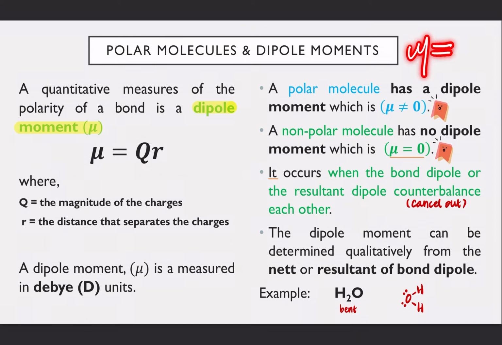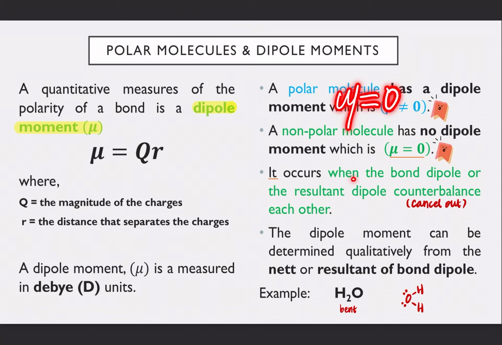That means that your mu is not equal to 0. So you don't have to tell the exact dipole moment when you are explaining, unless you have this tool, but in most cases you don't need to. So if you have a non-polar molecule, that means you have no dipole moment, meaning your mu will equal 0.